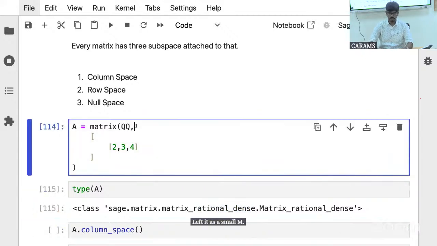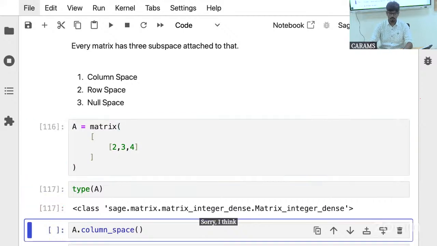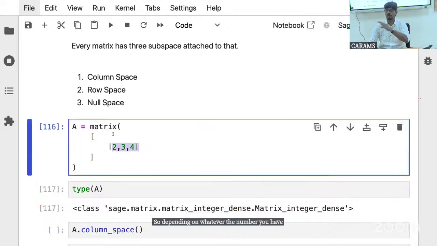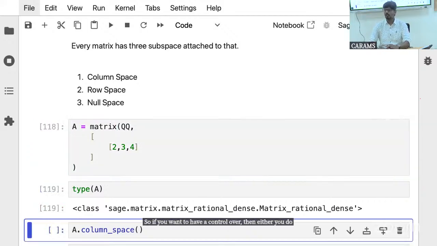If I would have simply left it as a small m like this, then it says integer dense. So depending on whatever numbers you have, it will try to identify the corresponding space. If you want to have control, then either you do it this way, where the field is specifically defined, or using the capital M. Pretty much the same job will be done.